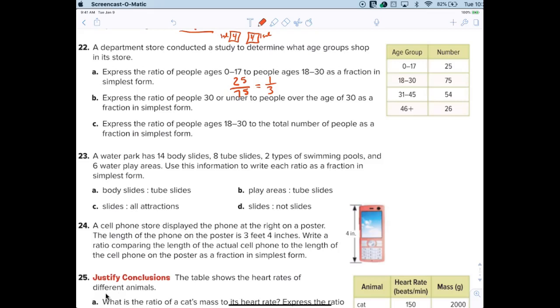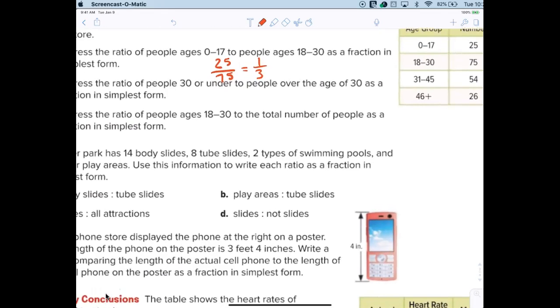All right. Letter B. Go ahead, Connor. Express the ratio of people 30 or under to the people over the age of 30 as a fraction in simplest form. So tell me this. Under 30, there would be how many people? 70 on 100. Good job, buddy.